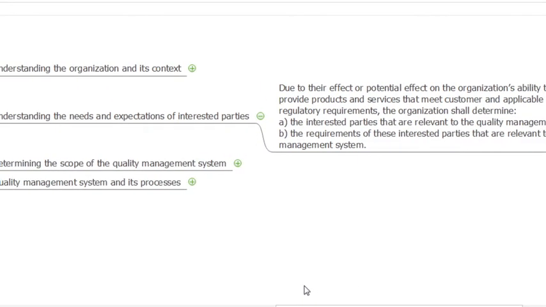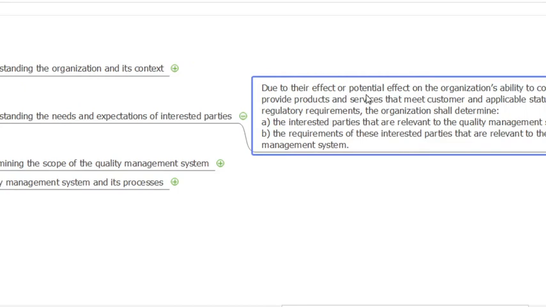Here we can see interested parties are also mentioned. So in the quality manual we have to define interested parties, like the employees and the internal culture; all these things we have to mention.